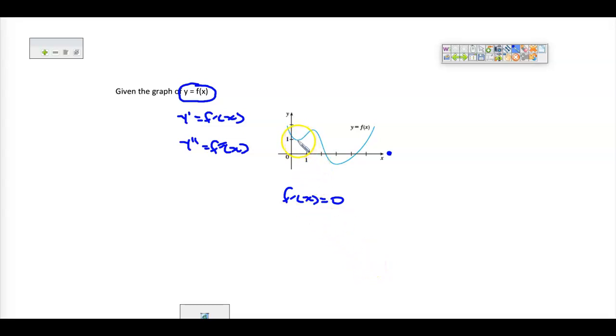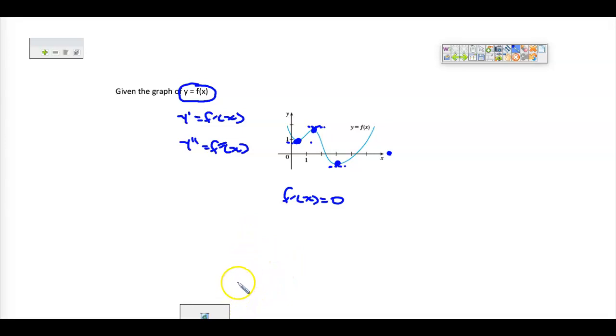So if you have a horizontal tangent with a slope of 0 here, then you have a horizontal here, and then you would get another horizontal, and then you have one here, and then will be another horizontal.